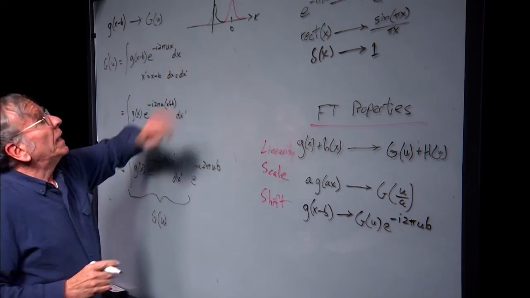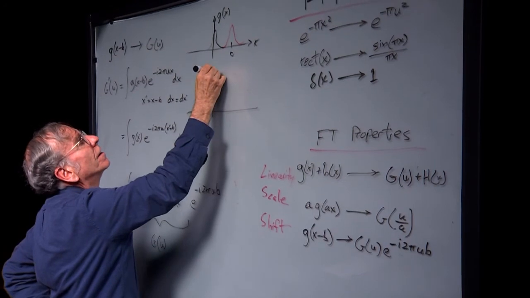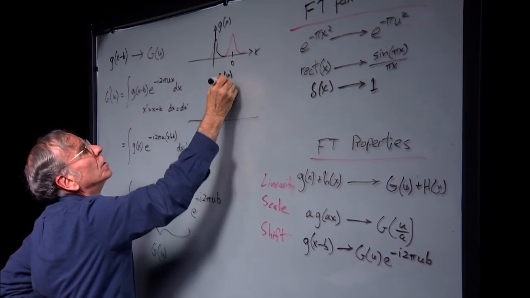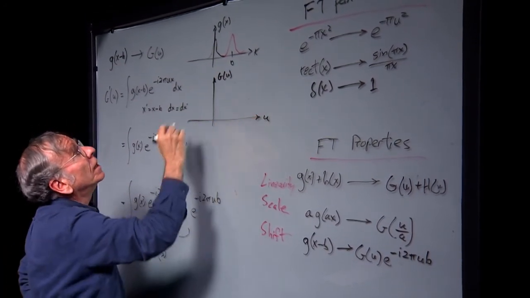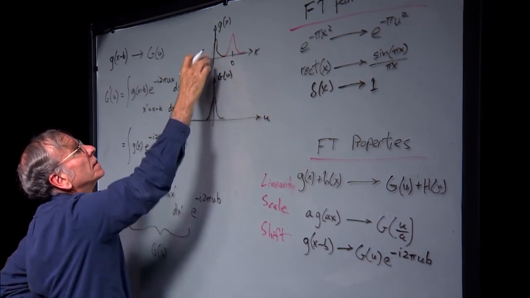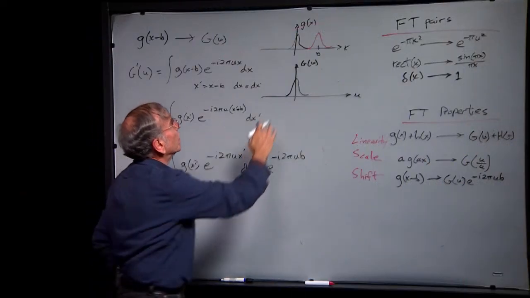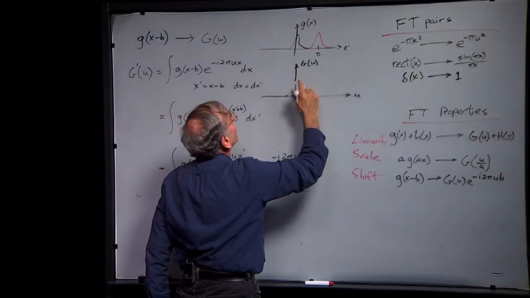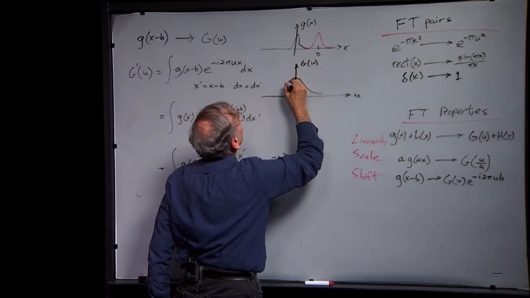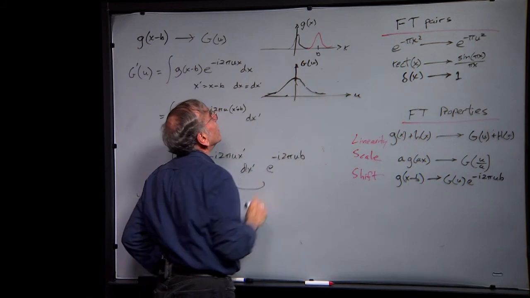So here are my two original functions, and here now are the Fourier transforms of those. So here's G of u as a function of u. And I know in the original case, my original Gaussian centered on the origin just gives me a Gaussian centered on the origin. I'm going to plot it wider here, as you'll see in a minute. So let's suppose that it looks like this on the scale that I'm plotting it.